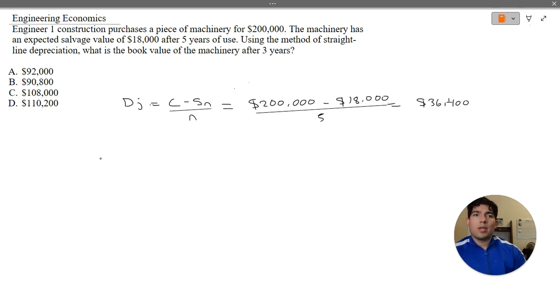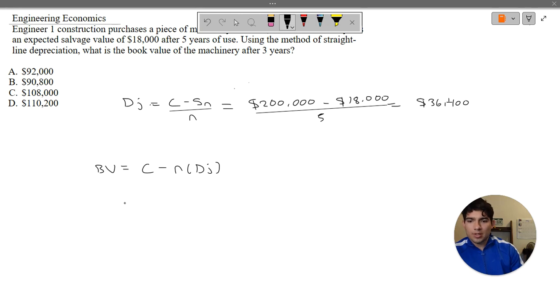Now we need to find the book value after 3 years. So book value is this formula here. Book value is the initial cost minus n times the annual depreciation for the machine.